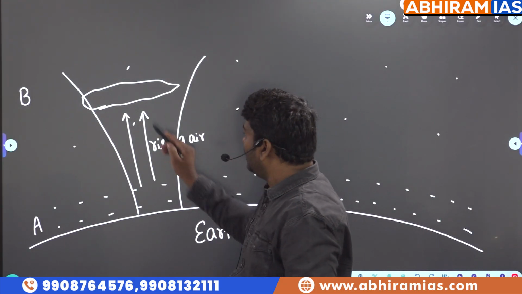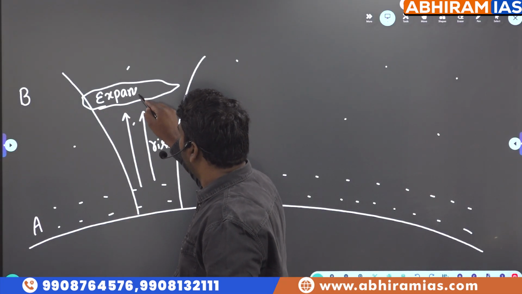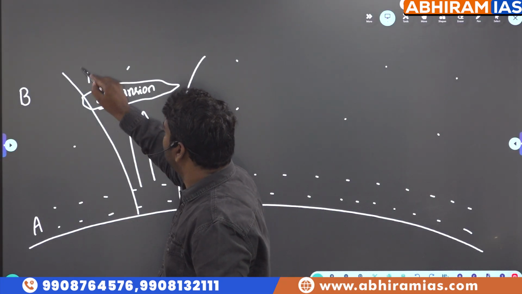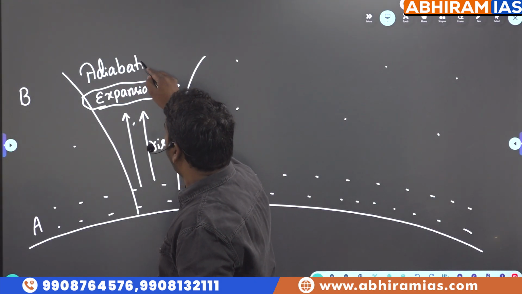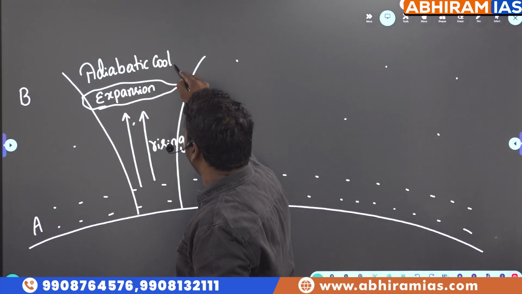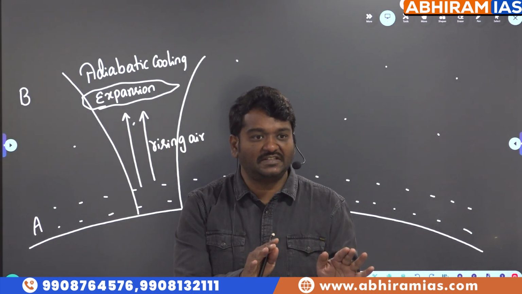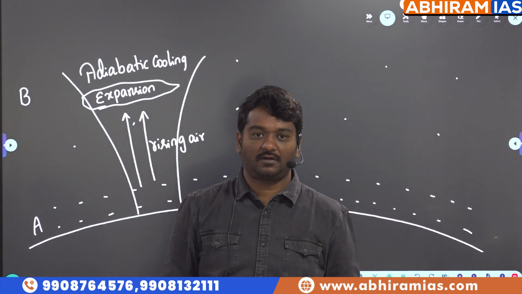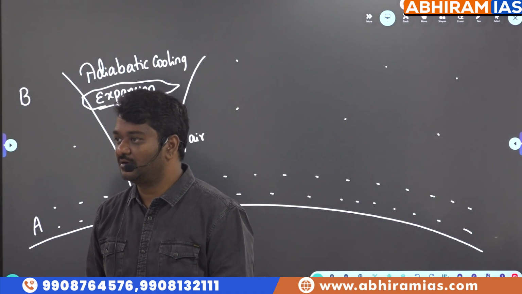Okay. Now you tell, expansion means what is the process? Adiabatic cooling. Yes. Another aspect. Cooling means, can I say water vapor becomes water? If water vapor becomes water, clouds will be formed.